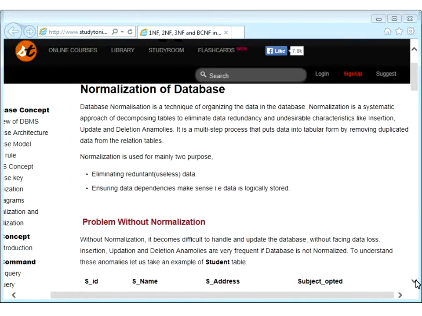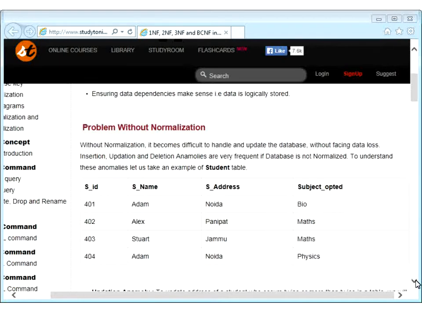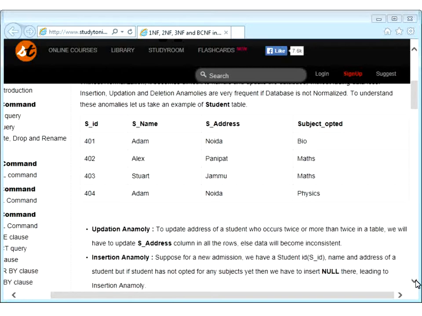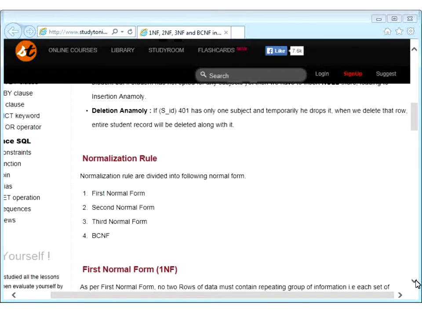We talked about normalization, and we started an example showing that if your database is not normalized, then you can have certain problems. So you convert your database to remove all the insertion, deletion, and updation anomalies. We talked about first, second, and third normal form.